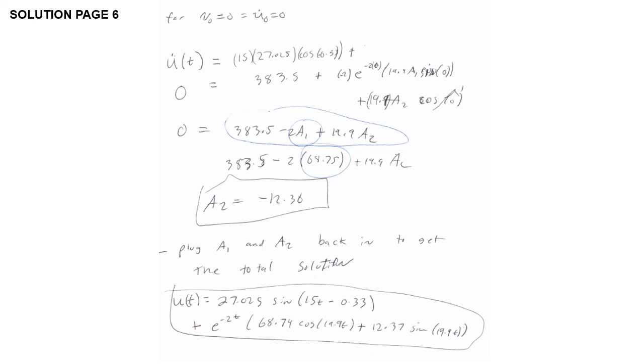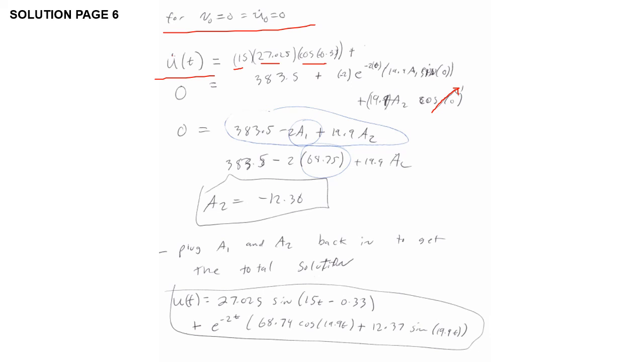So now, for these same initial conditions here, I can take the derivative of my total response equation there, so u dot of t is now equal to 15 times 27.025 times the cosine of negative 0.33, plus we have all this over here, and we can reduce this down and simplify it even further than it is already, and we can see that on the right-hand side of the equation over here, we have e to the negative 2t, 19.9 a1 times the sine of 0 plus 19.9 a2 times the cosine of 0, and the cosine of 0 becomes 1 there.